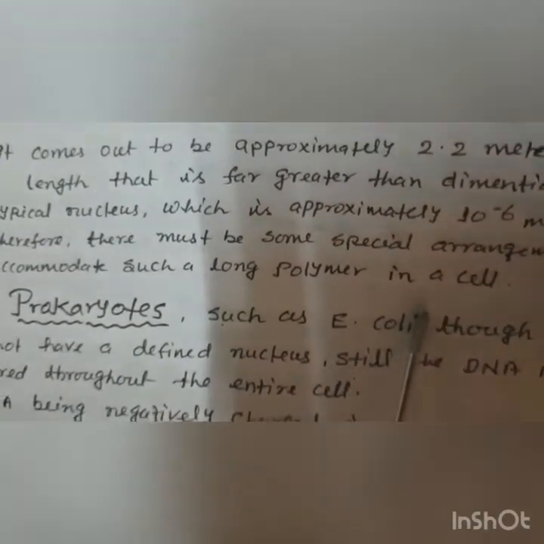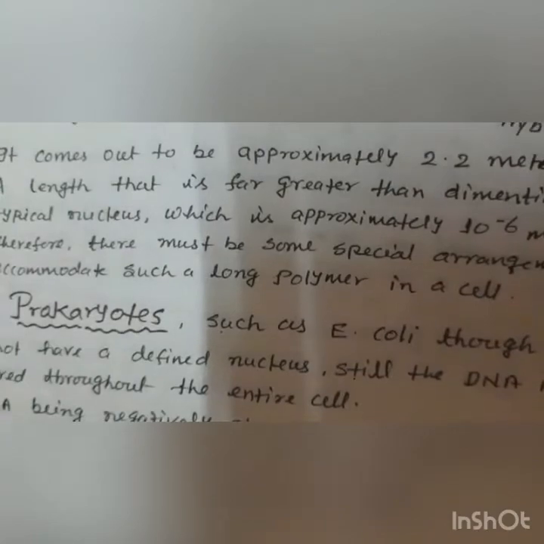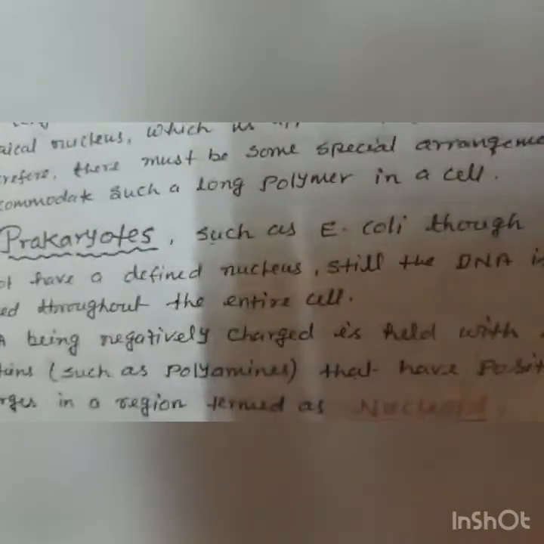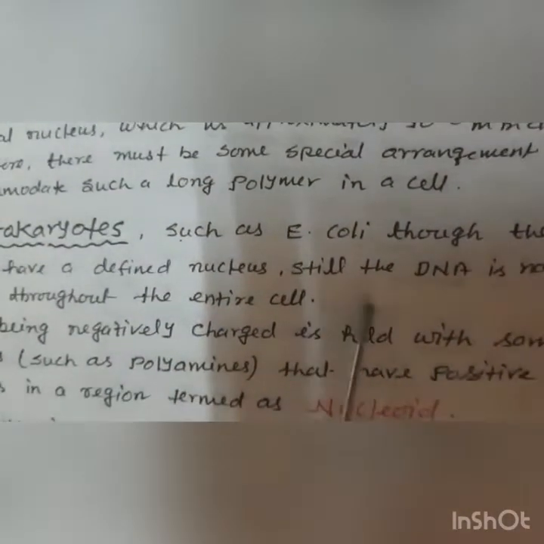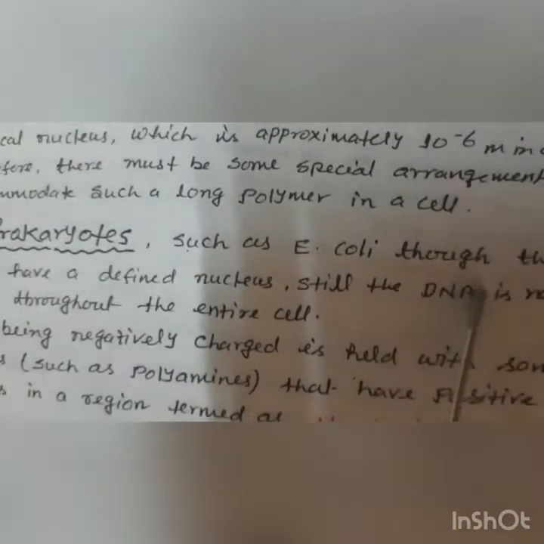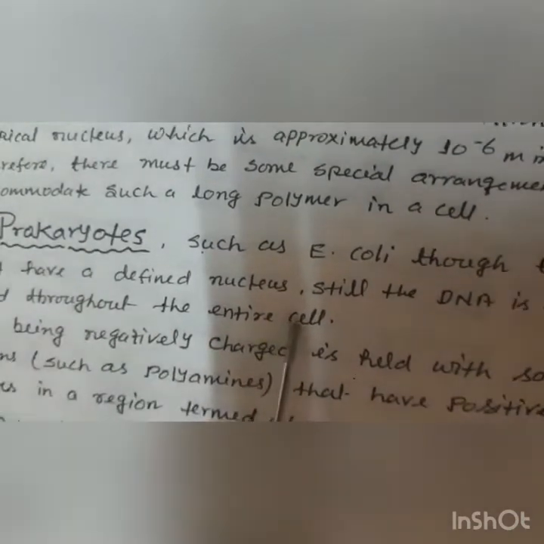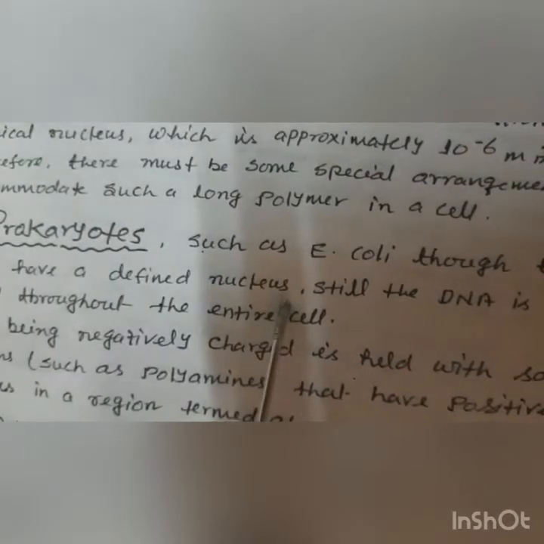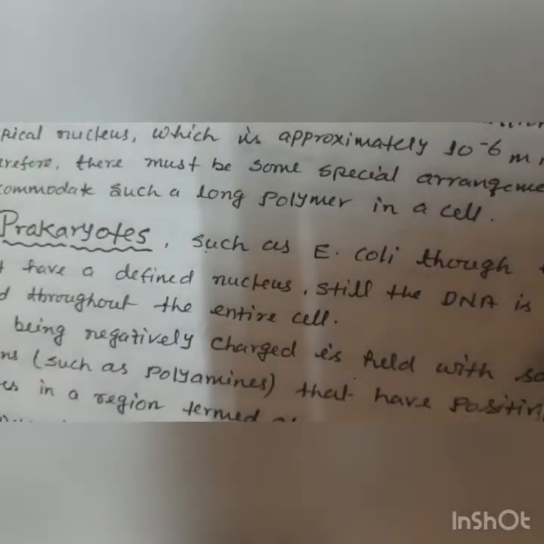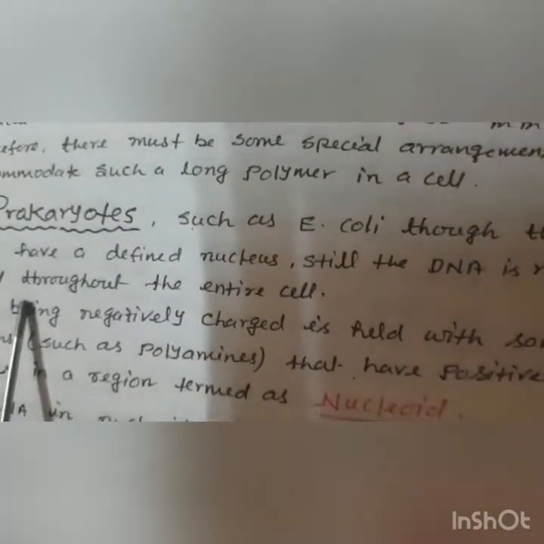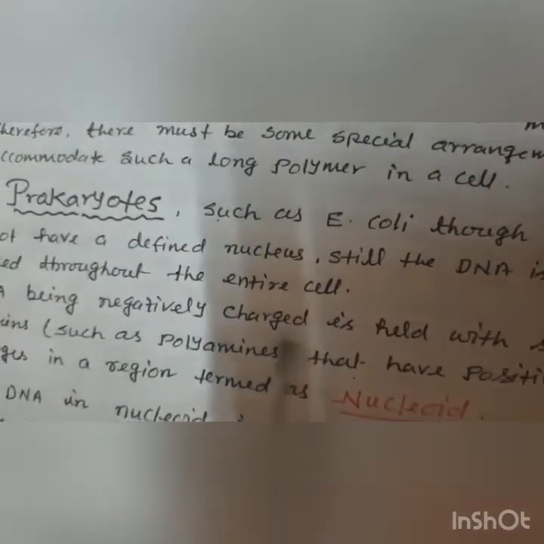Let us see, suppose we are talking about the prokaryotes. In case of prokaryotes such as E. coli, though they do not have a definite nucleus, as you know that in the prokaryotes there is no definite nucleus, still the DNA is not scattered throughout the entire cell.